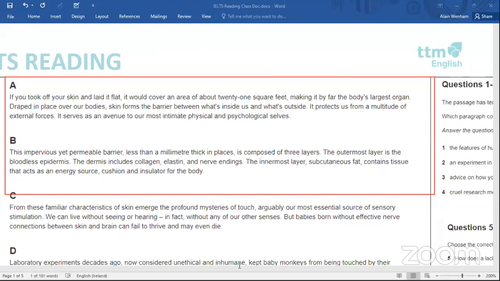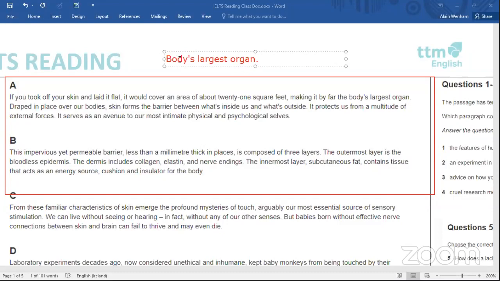Done reading. Okay, Shahani's done. Okay, guess the title. Who wants to try and tell me what the title is? The body's largest organ. That's not bad. Is that John? Yes. Functions of the skin.